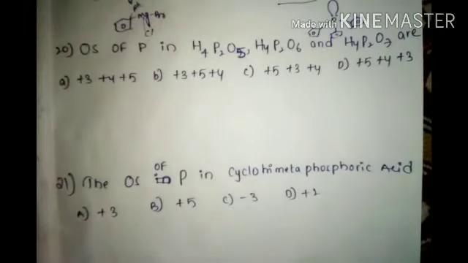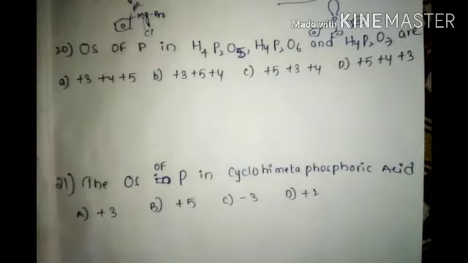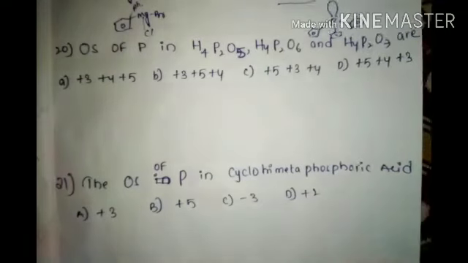Next, the 20th question. Oxidation state of phosphorus in H4P2O5, H4P2O6 and H4P2O7 respectively.